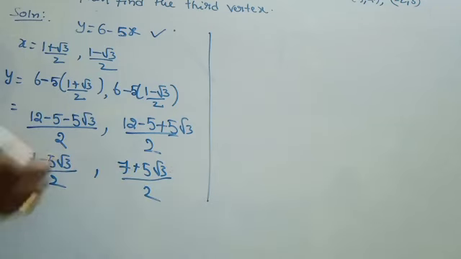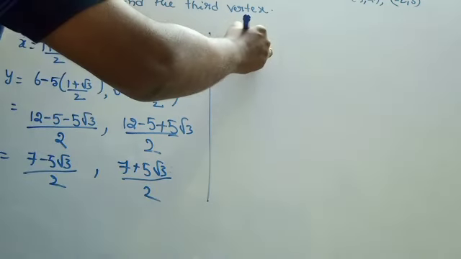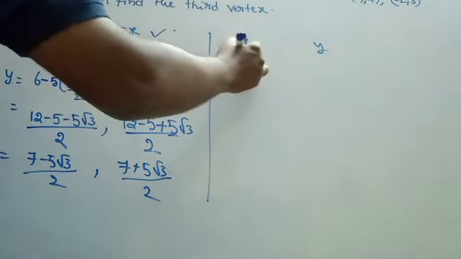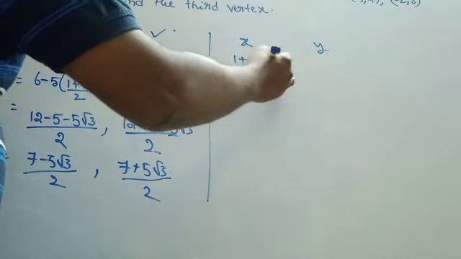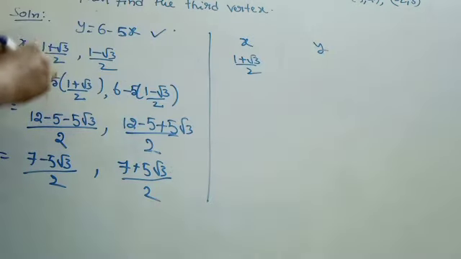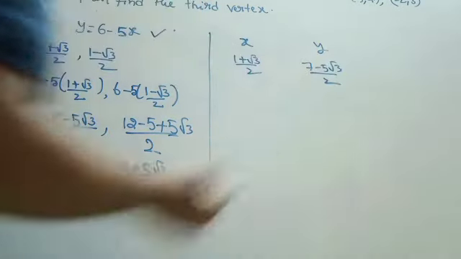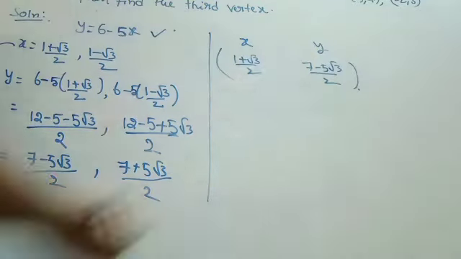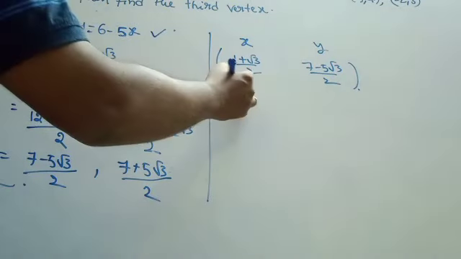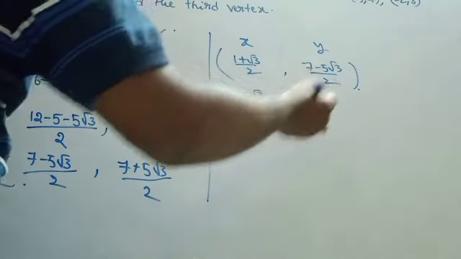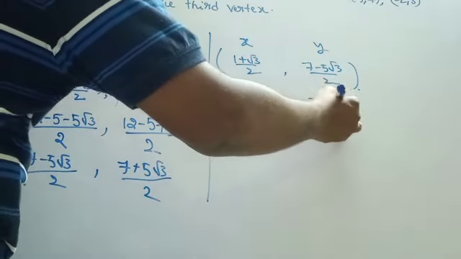That means when x is 1 plus root 3 by 2, one point, the x coordinate, its corresponding y value you got is 7 minus 5 root 3 by 2, right? And this is one point you have got. And another one: when x is 1 minus root 3 by 2, then you got y value as 7 plus 5 root 3 by 2.